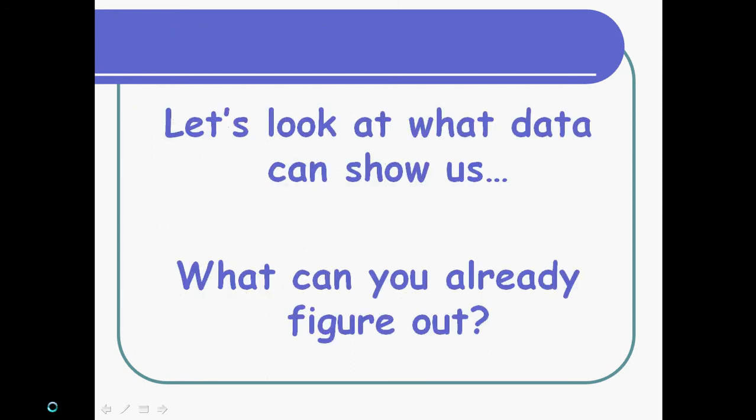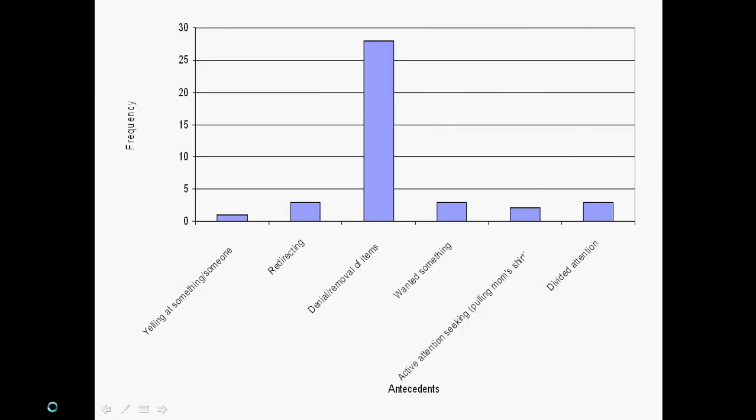Let's look at some examples of what data can show us. Based on the graphs and the information that I'm going to show you, what can you already figure out? In this graph, we've tracked the frequency of antecedents. Now remember, antecedents is what happens right before the behavior. So here we saw that when challenging behavior occurred, most often what was happening right before the challenging behavior is that the child was being denied or removed an item.